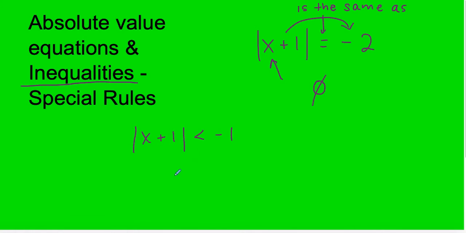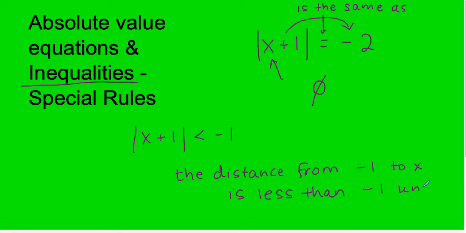Well, that means then what you're saying, if this is a true statement, is the distance from -1 to x is less than -1 units. Well, you can't have a distance that's -1 units, so this is a less than inequality, which is impossible. It has no solution, okay?